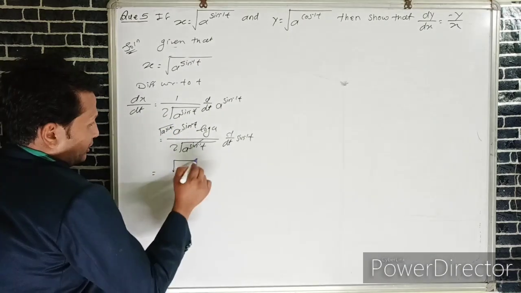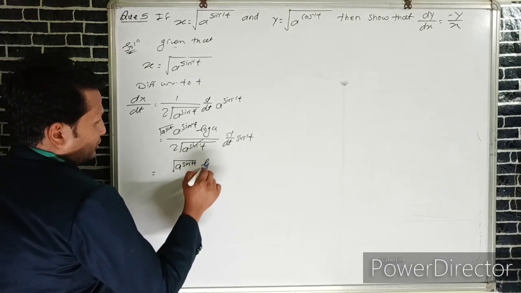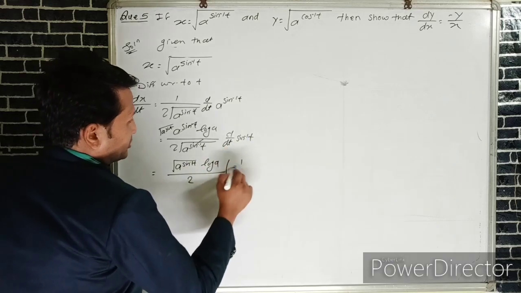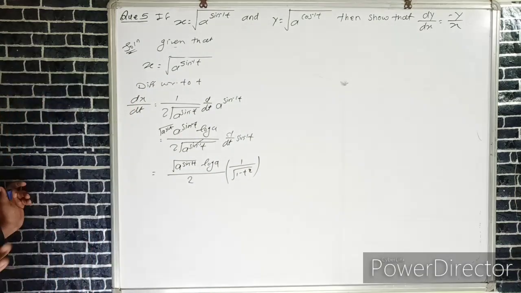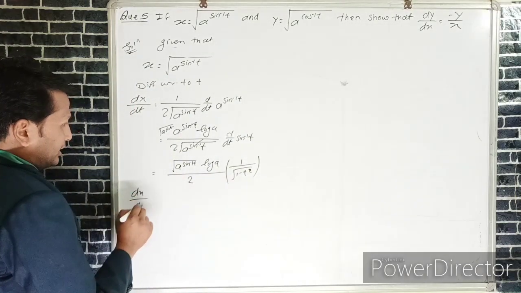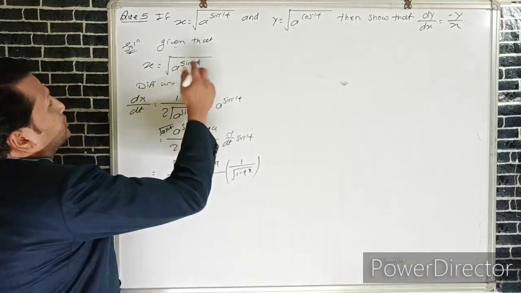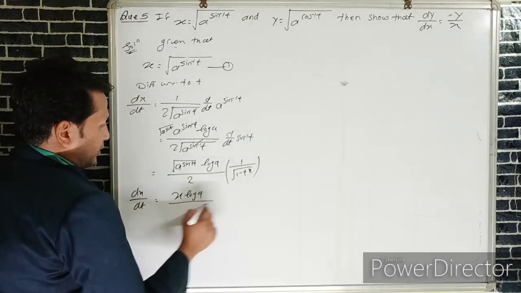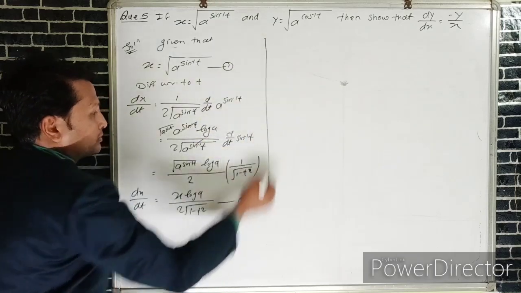Also we can write under root of a raised to the power sin inverse t into log a upon 2, and the derivative of sin inverse t is 1 upon under root of 1 minus t square. Now dx upon dt is equals to under root of a raised to the power sin inverse t, which is the value of x. We can write x log a upon 2 under root of 1 minus t square, equation number 1.